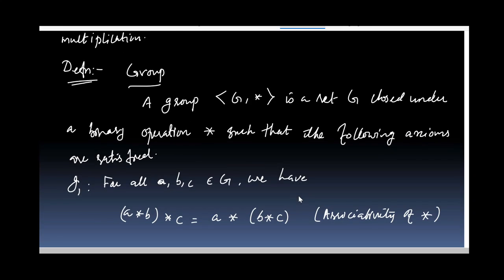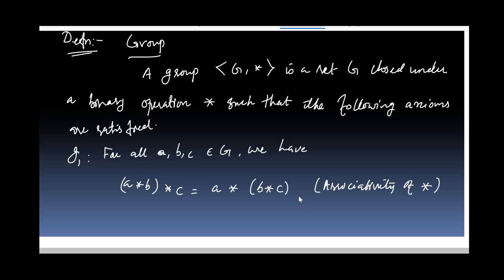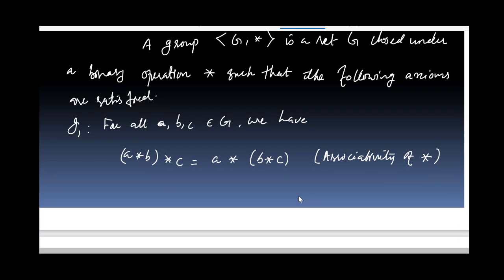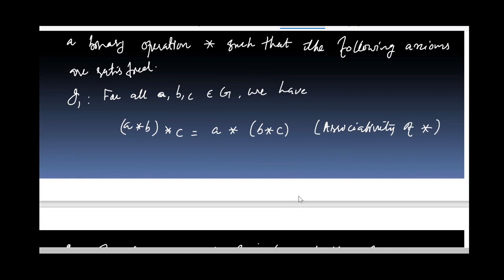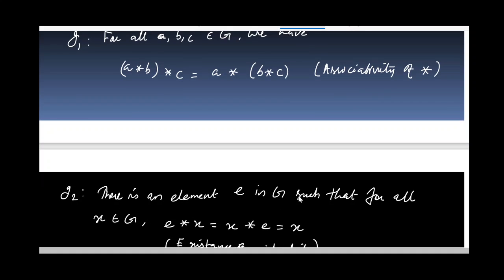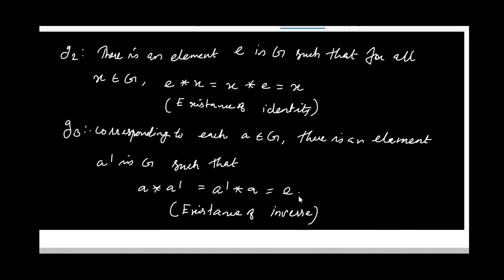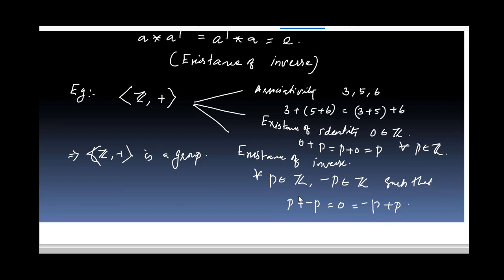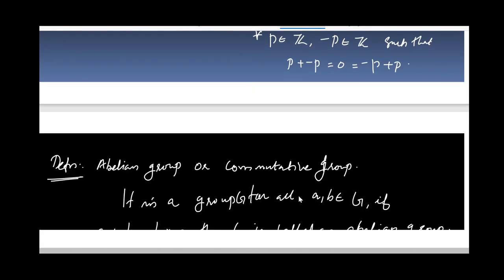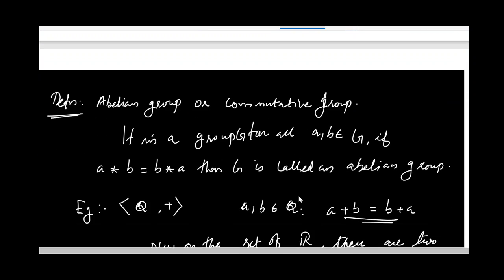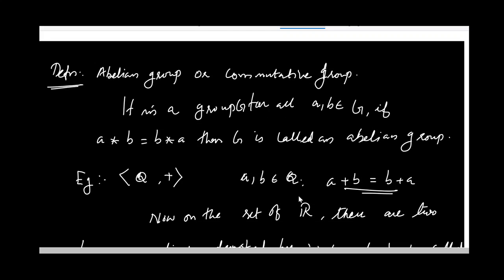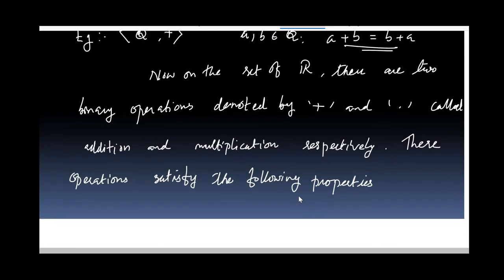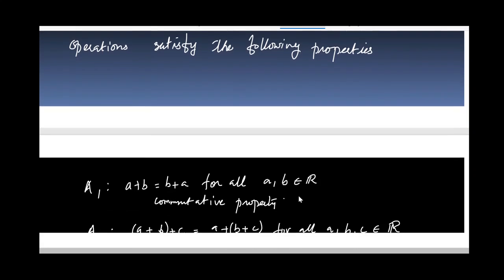Then we came across the definition of a group. A group is a set together with a binary operation which satisfies 3 conditions: associativity, existence of identity, and existence of inverse. For that also we considered some examples. Now, a group which is commutative we call an abelian group. Again we have seen an example.